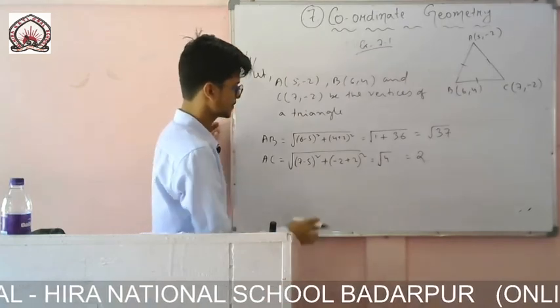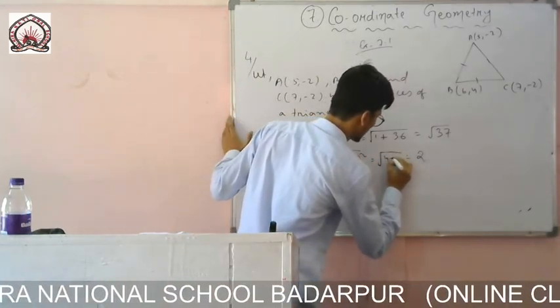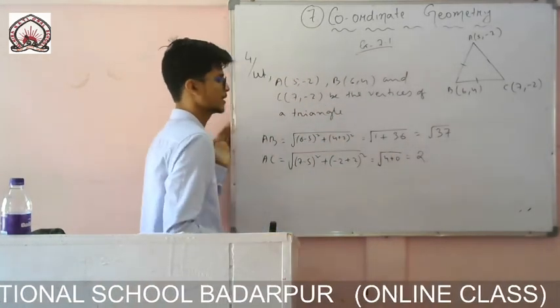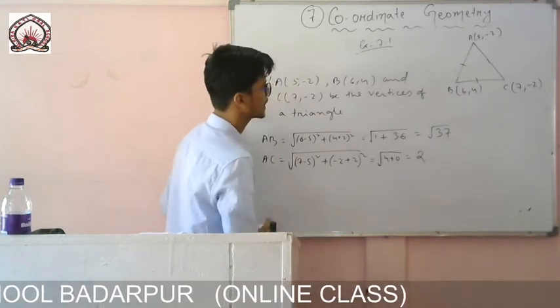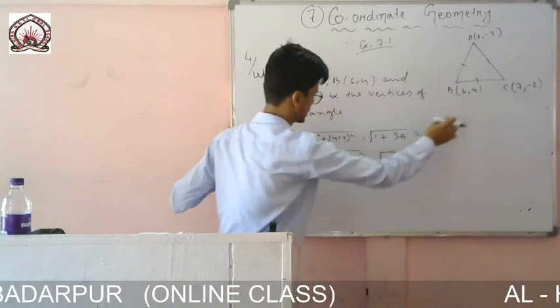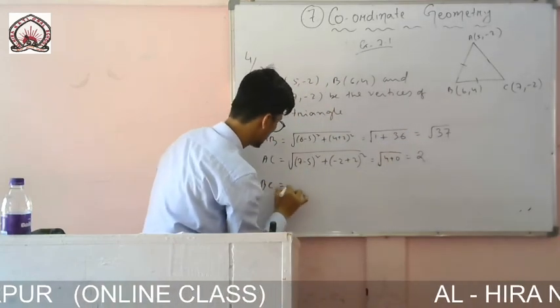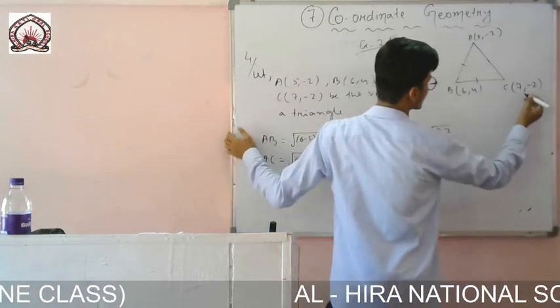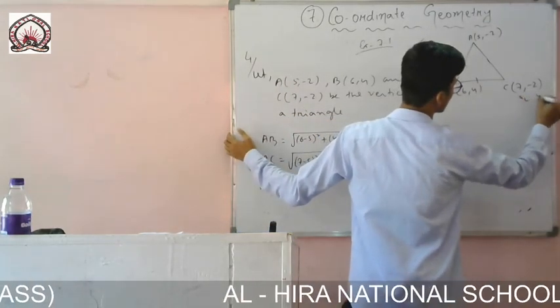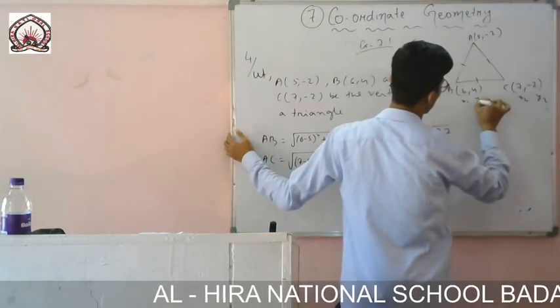Let me write one more line: 4 plus 0, so it will be only root 4, which I can write as 2. Then the third side, that is BC. BC will be equal to, again, this one is x2, y2, this one x1, y1.